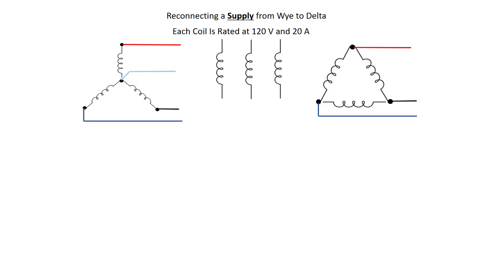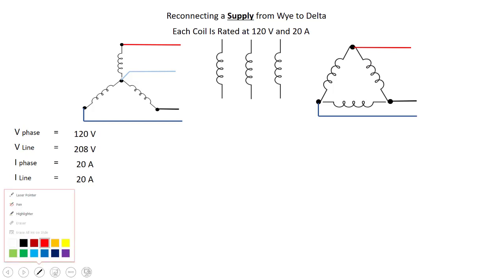In this supply, it could be the secondary of a transformer, or it could be an alternator. Each one of the coils is rated at 120 volts and 20 amps. First, let's look at it connected in Y. In Y, the phase voltage is going to be equal to 120 volts, because that's what's being produced.